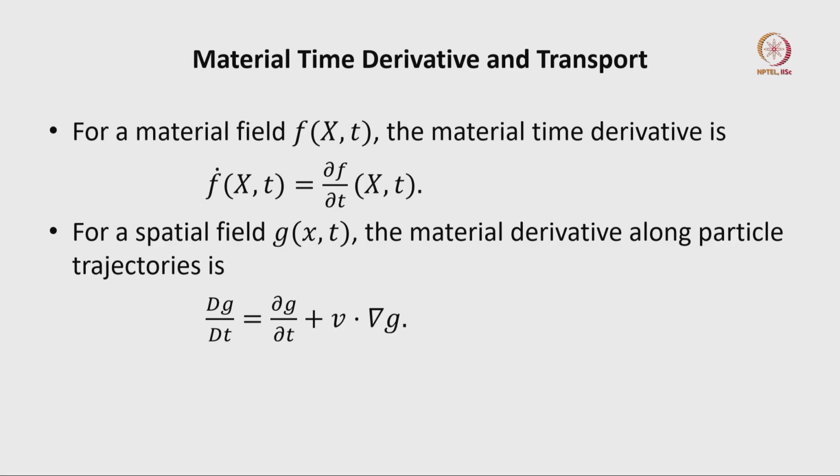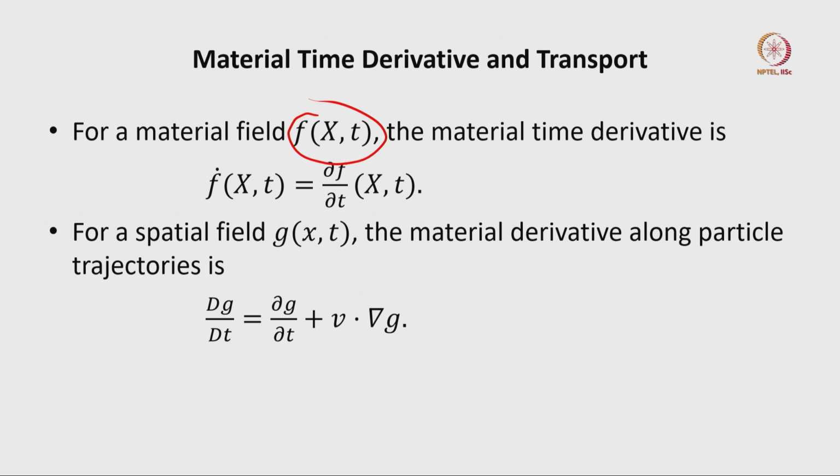of material time derivative and transport. So think of a material field, the function f. Think of it as a scalar valued function; it does not matter. If it is a vector function, you can take each component of it, which is a scalar. So f is a function of capital X and t.